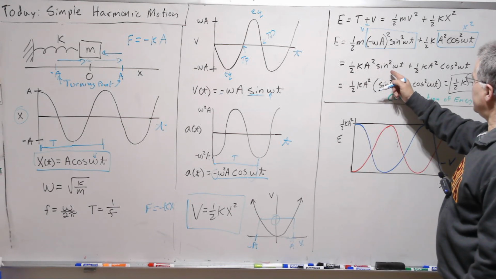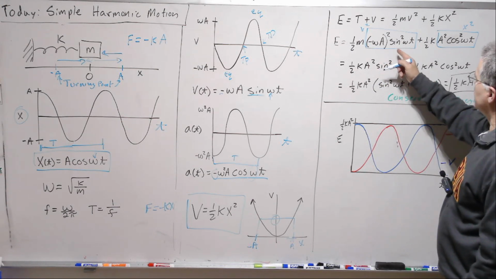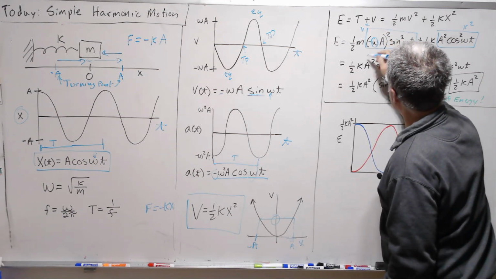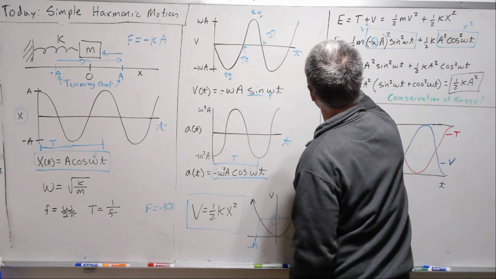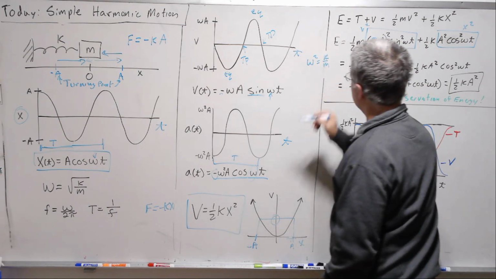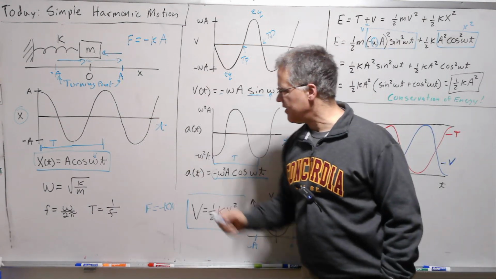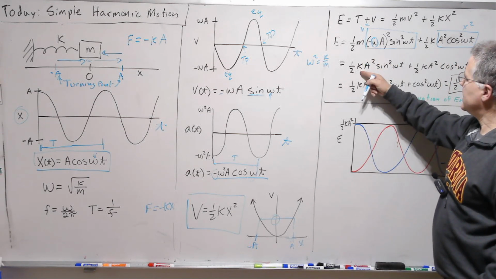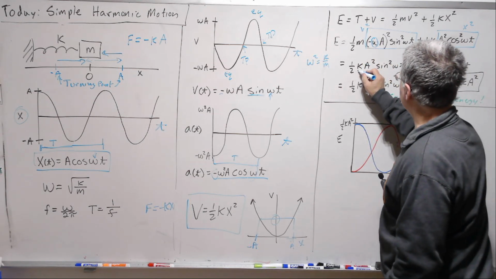Do a little simplification here. This omega squared is going to be k over m, because omega is the square root of k over m. We've got an m up here, so the m's will cancel and leave just the k. So that's where this k came from.